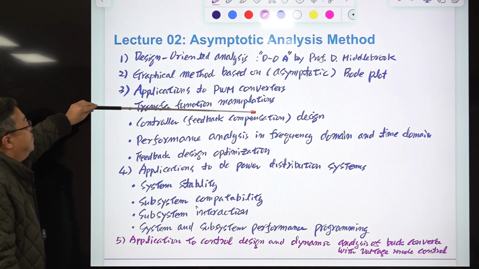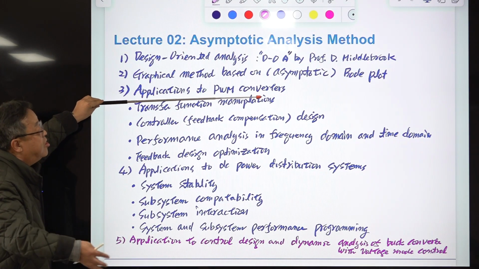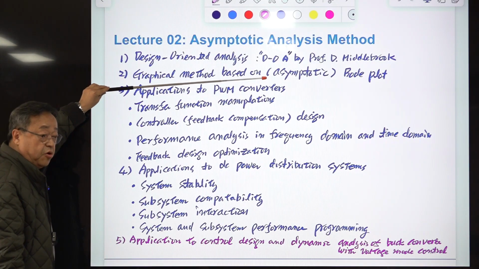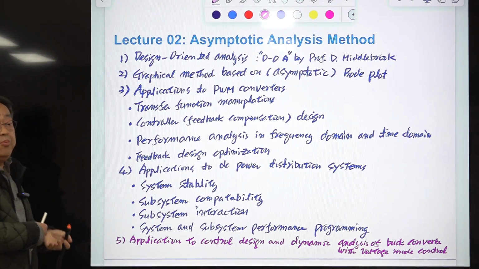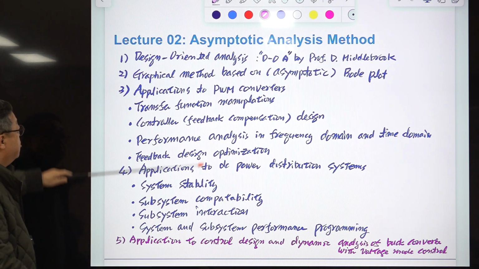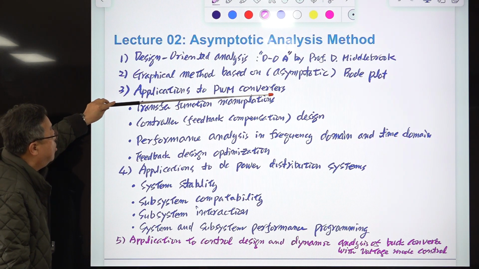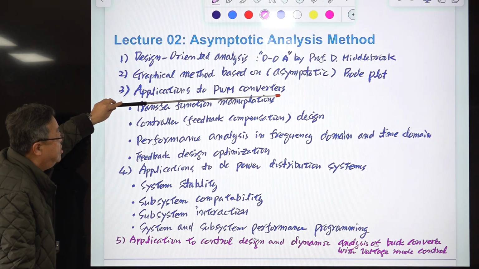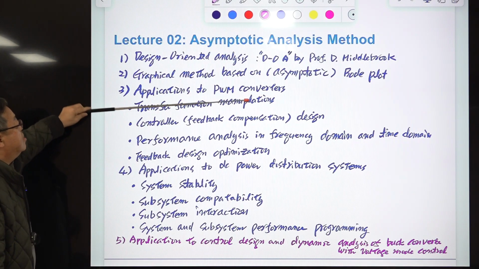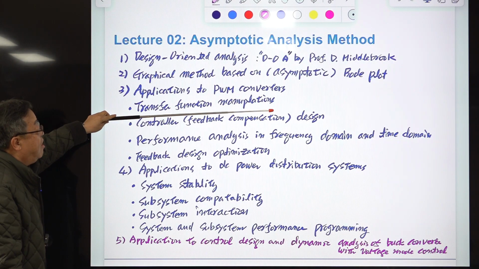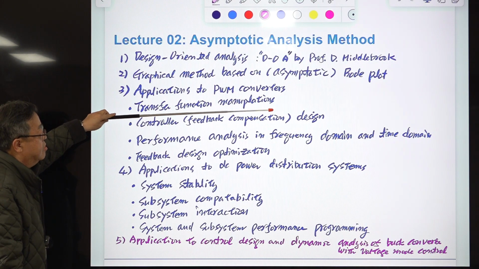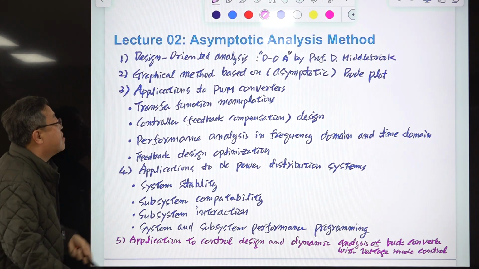There are many applications. This is a very general methodology, so it can be applied to any system, but particularly we will be using it on PWM converters, closed loop controlled PWM converters. We will be using this to derive transfer functions.